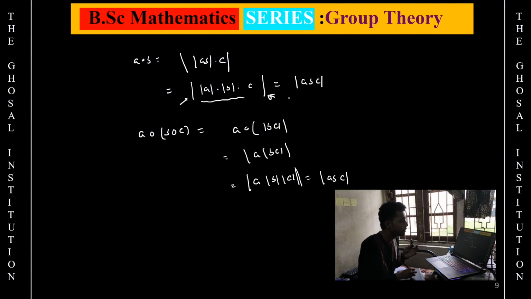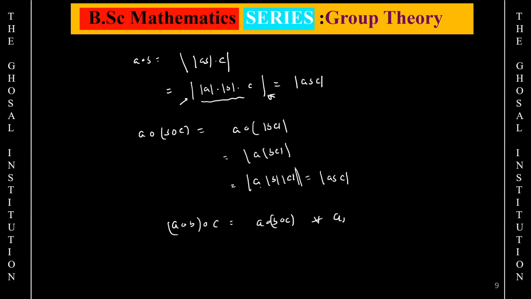You just have to take the product, and as at the very end there is a mod, it will give you a positive answer. So I can rewrite this as mod of ABC and mod of ABC, and since they are equal, A compose B compose C is equal to A compose B compose C.